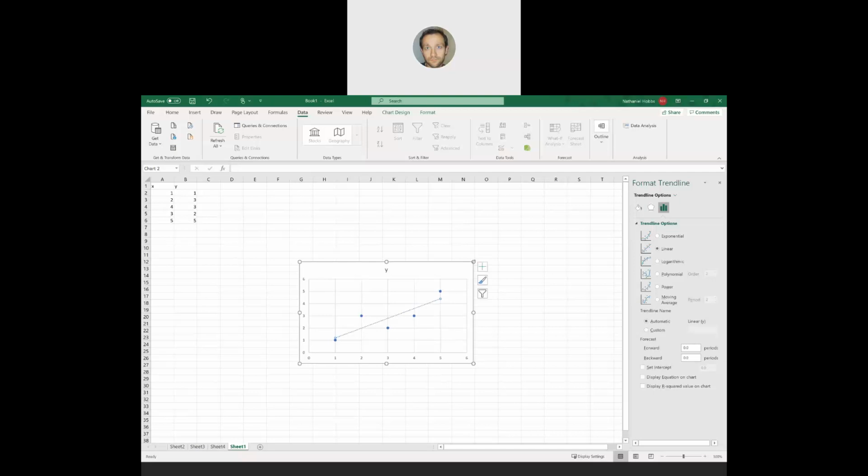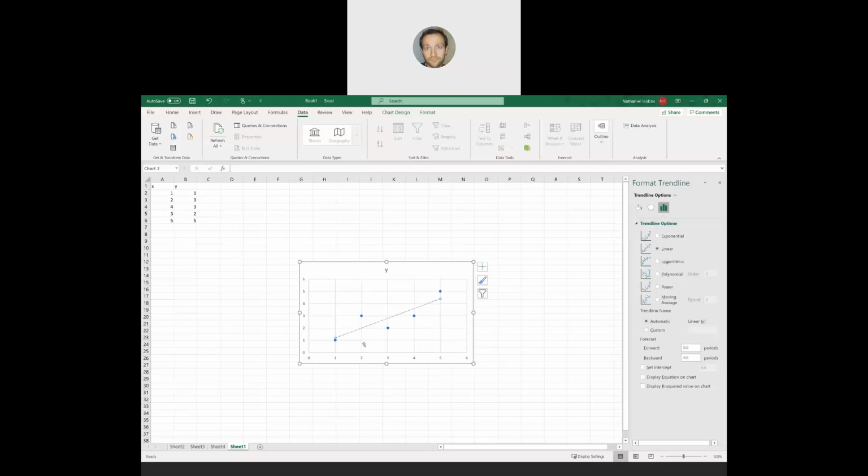Okay, so that's why people do linear regression, because hopefully there is some relationship between the x-coordinate and the y-coordinate. And if there's a relationship, especially if there's a linear relationship between the two, then linear regression is perfect.